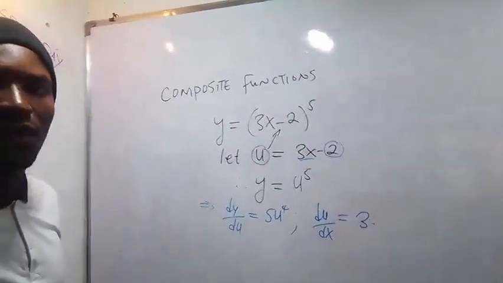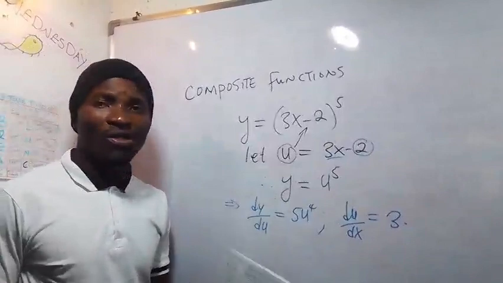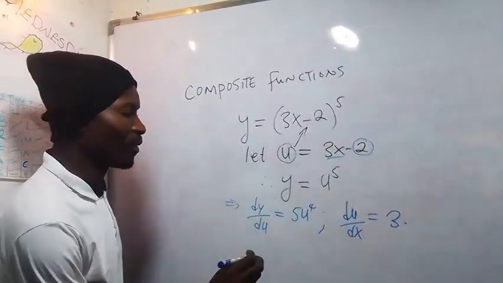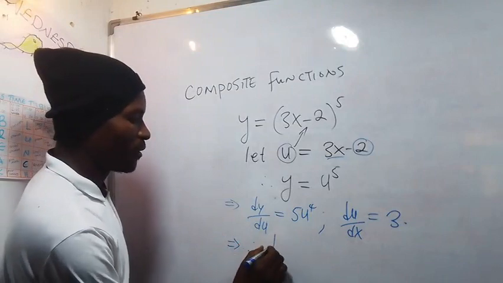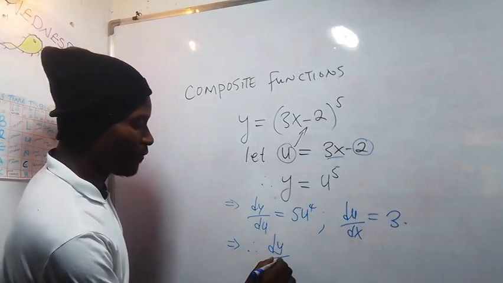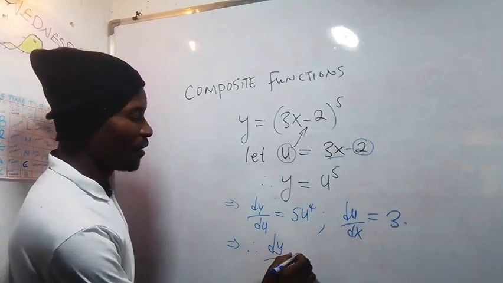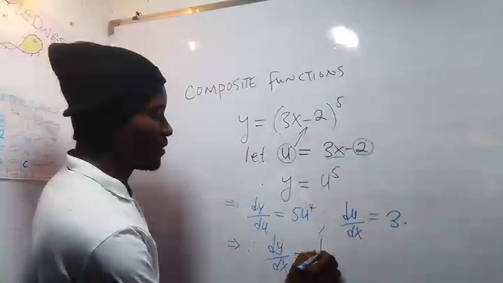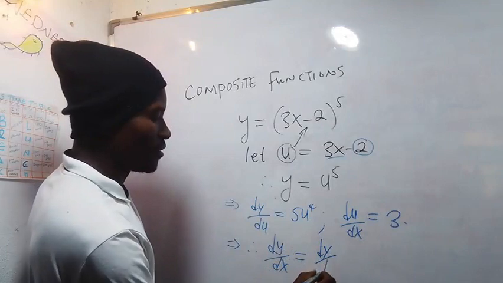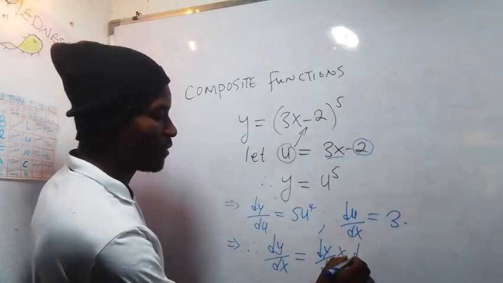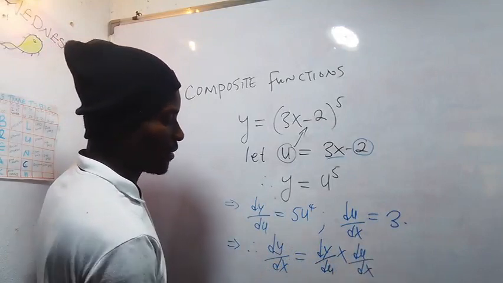Therefore, dy over dx equals dy over du multiplied by du over dx.